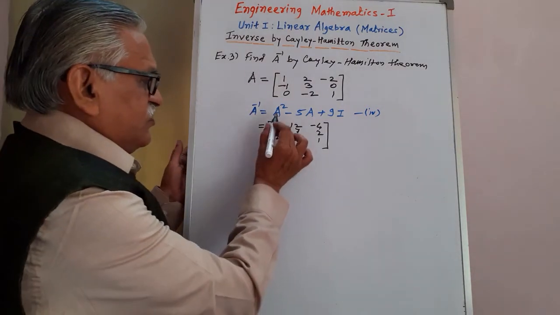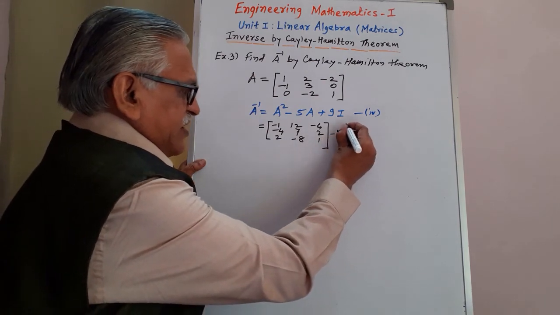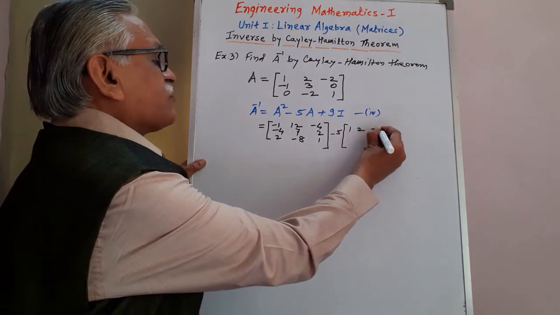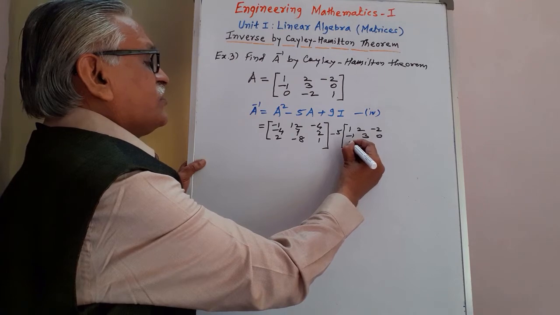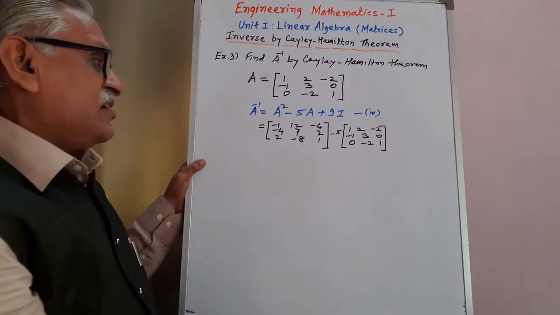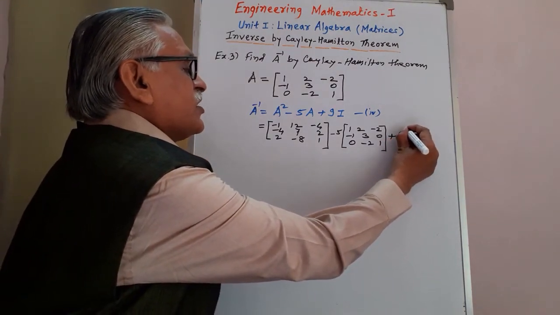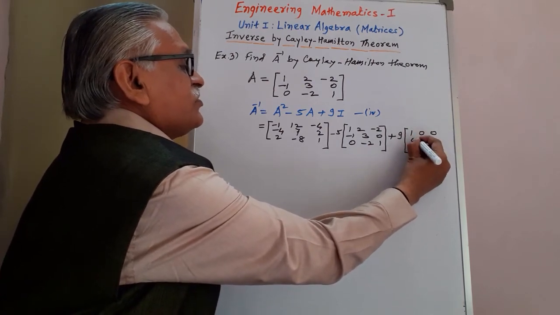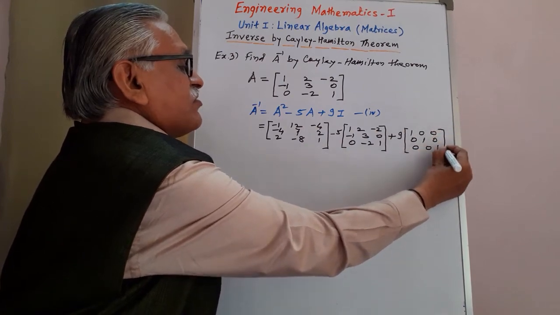Then substituting this matrix in equation 4, that equation 4 becomes, therefore A inverse is equal to matrix of A square minus 5 times matrix A. Matrix A elements are 1, 2, minus 2, minus 1, 3, 0, 0, minus 2 and 1, and plus 9 times identity matrix of third order 1, 0, 0, 0, 1, 0, 0, 0, 1.